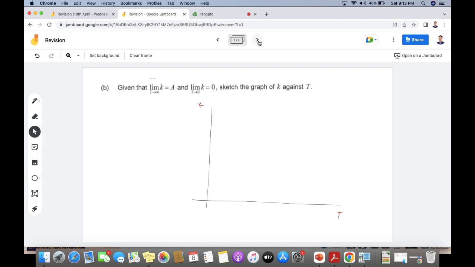All right. So here you can see that the limit of k when t approaches 0 is also 0. So this one is very, very clear. The limit of k when t approaches 0 is 0.